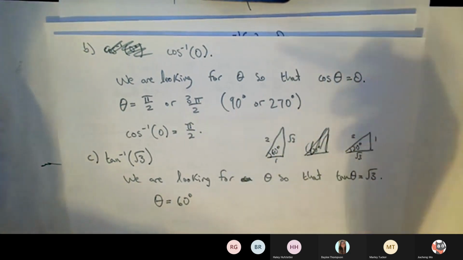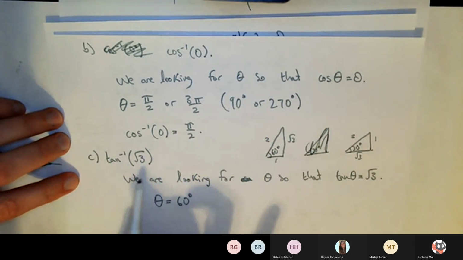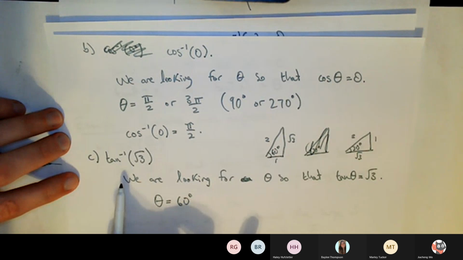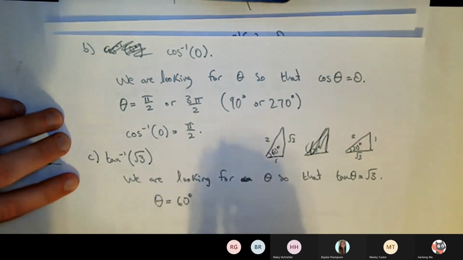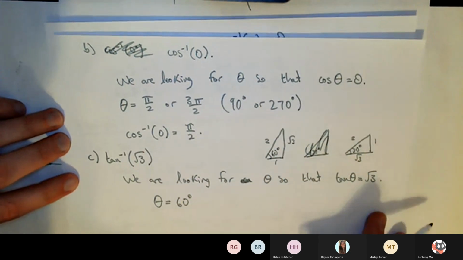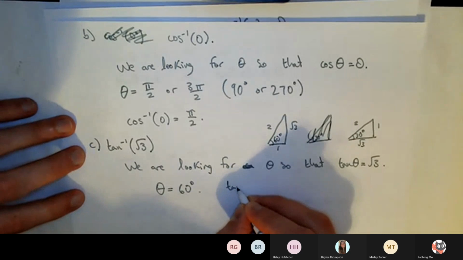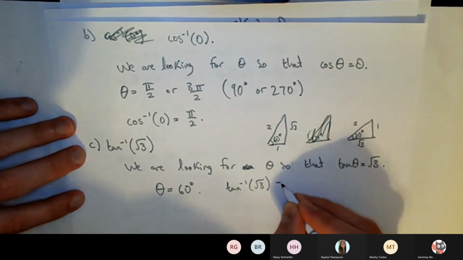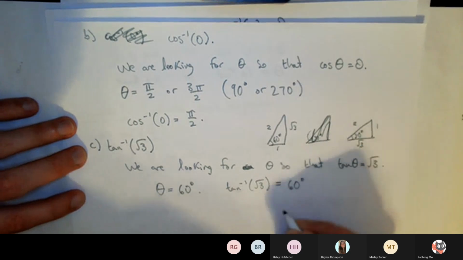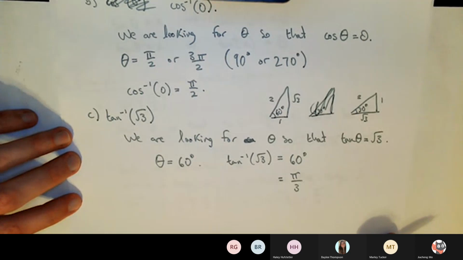Then as a last step, you consider the range of your inverse trig function to make sure the angle that you found is appropriate and in the range. Once you've confirmed that it is, you can write down your answer: tangent inverse of square root of 3 is 60 degrees, or I could say pi on 3 if I wanted to write it in radian form.